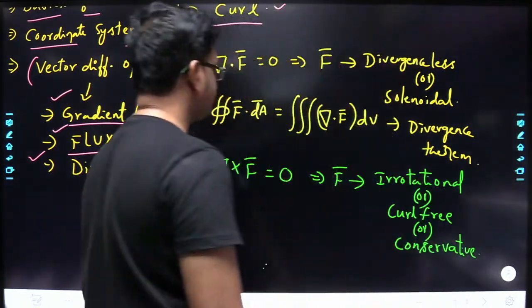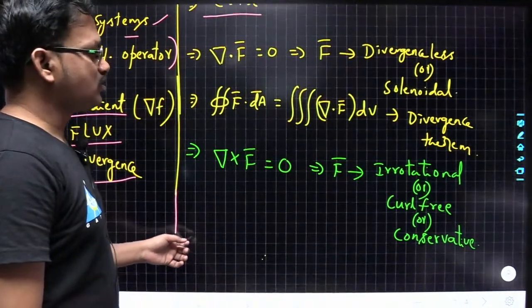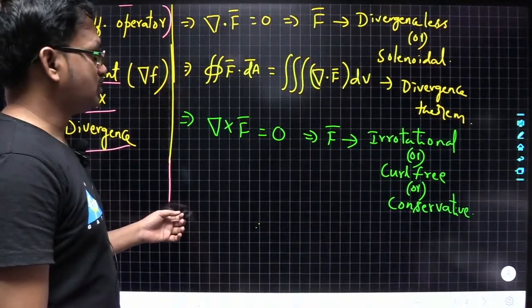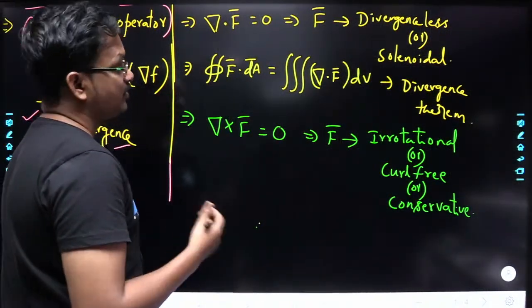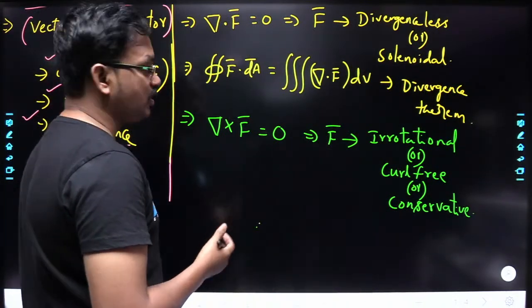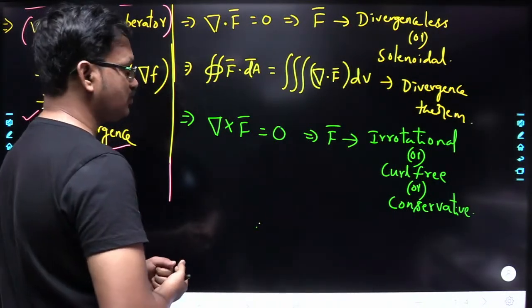These are the things we have covered. And also we have seen circulation of a vector field, how to represent the circulation of a vector field around any closed loop.